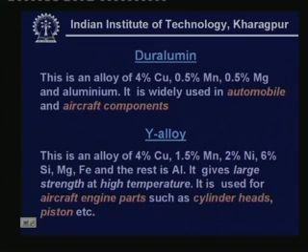It gives large strength at high temperature. It is used for aircraft engine parts such as cylinder heads, pistons, etc. So, when we consider aluminium, each and every time an important machine of our present day life like the aircraft comes into the picture. The reason is basically the lightness of aluminium metal.